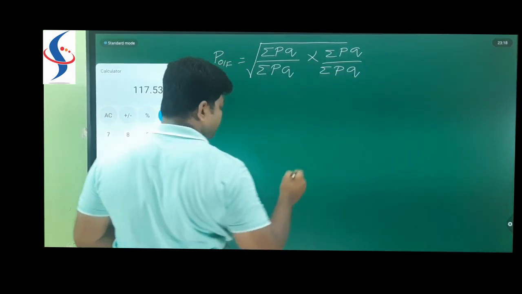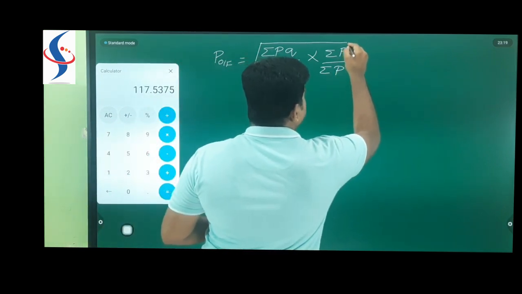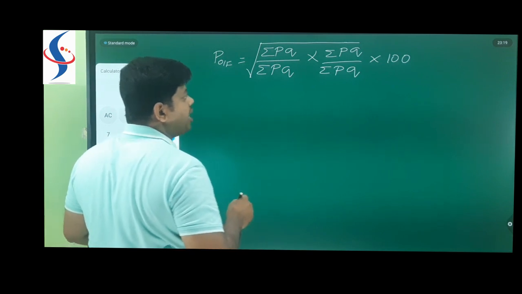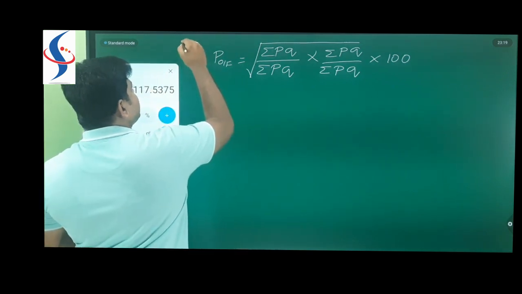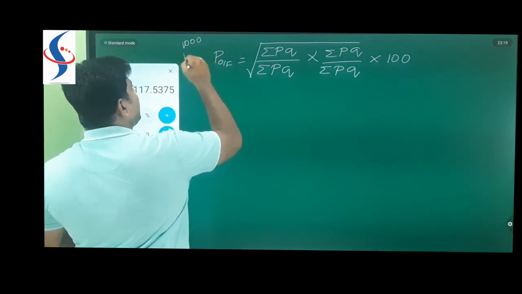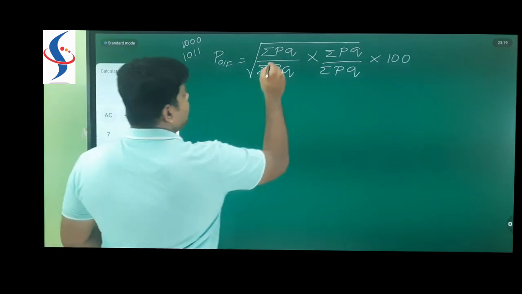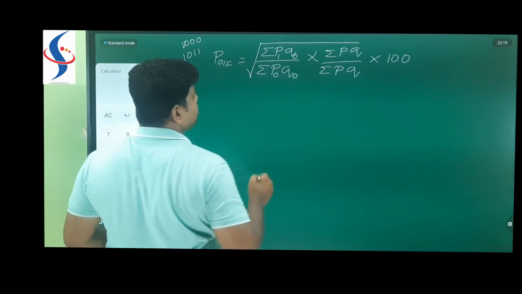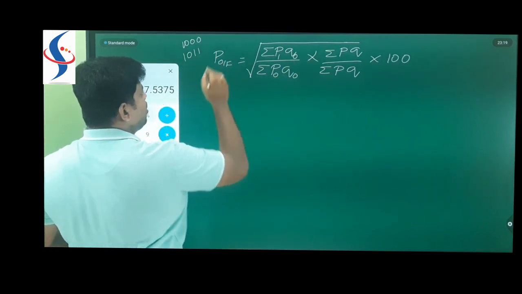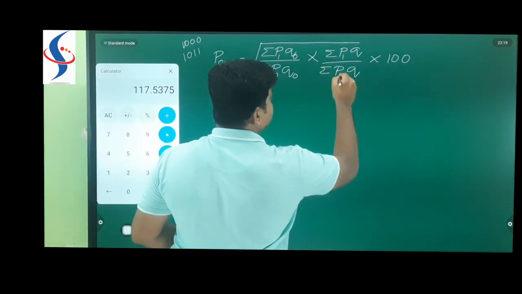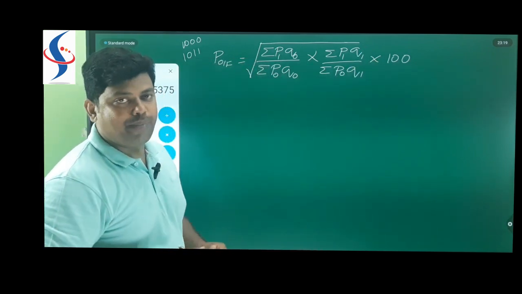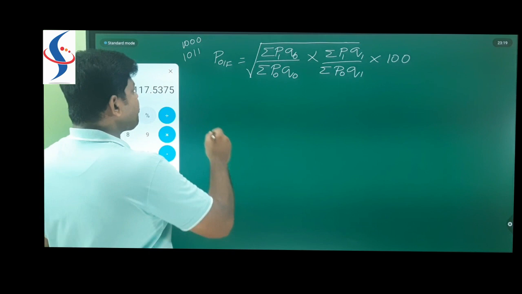In the previous videos, I explained how to remember these base values to write down. So that is 1000, then 1011. So this is 1000, 1000. Next is 1011, that is 1011. This is also a method to write down and remember the formula.